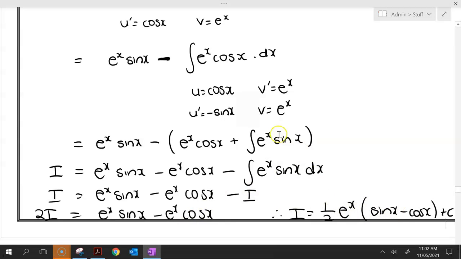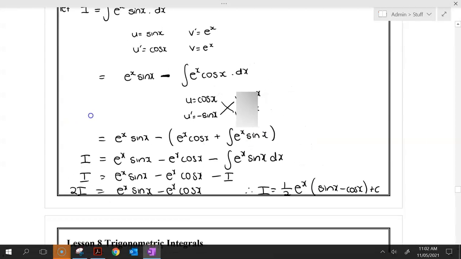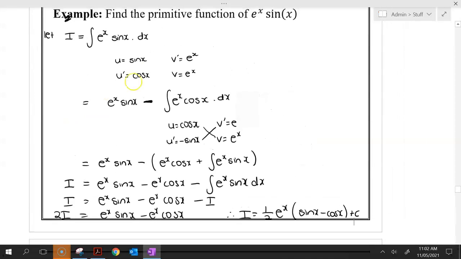So this is one where, when you start integration by parts, you get back to where you started from, which will be pretty obvious if it's e and some sort of trig function like that. So if you recognise it straight off, let I equal the integral. Integrate by parts. As I said, it won't matter which one you choose here. You could use e to the x here and sine x here, but just keep that pattern.